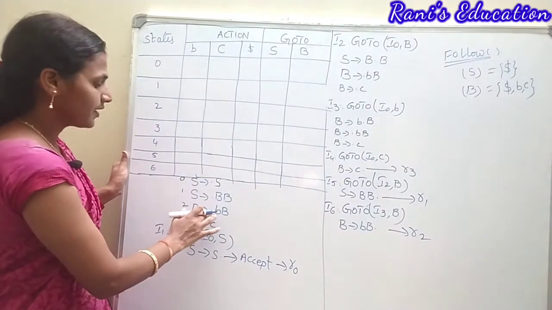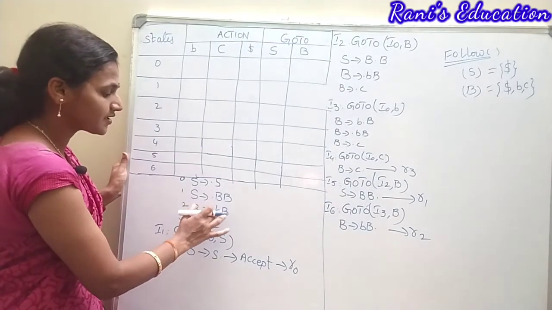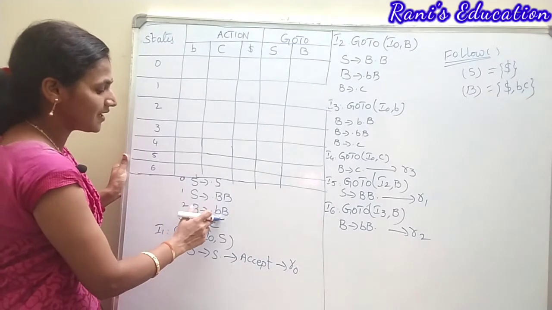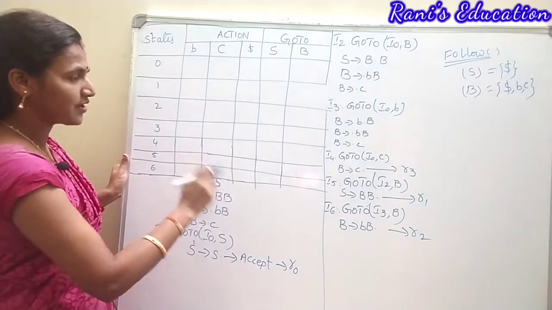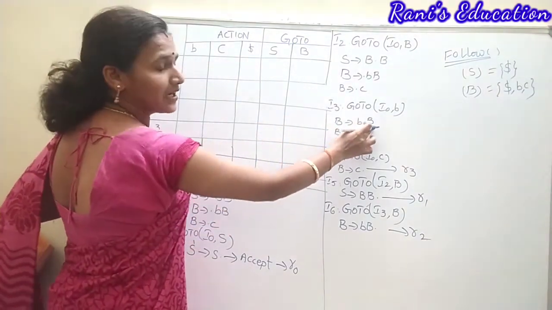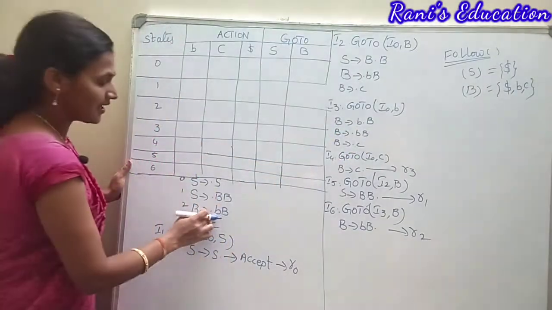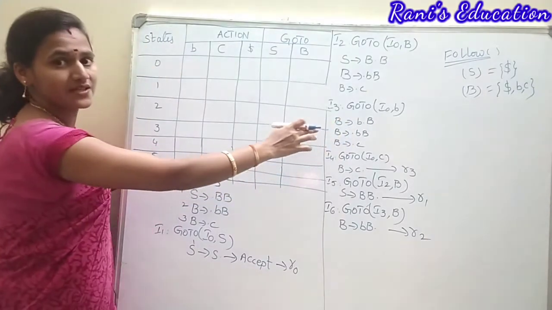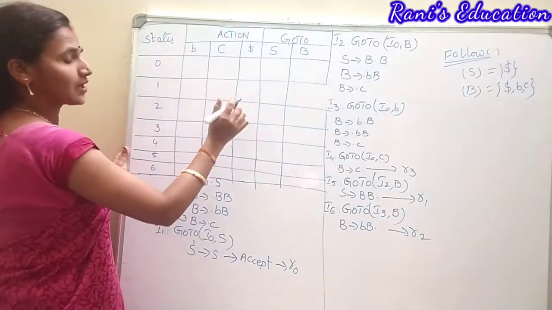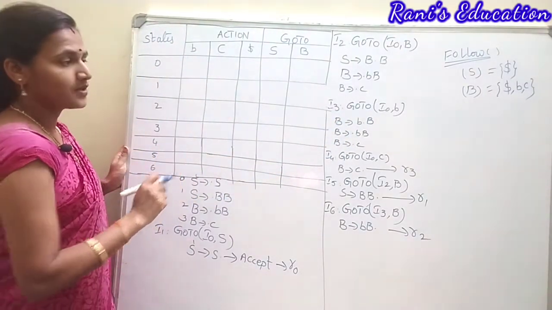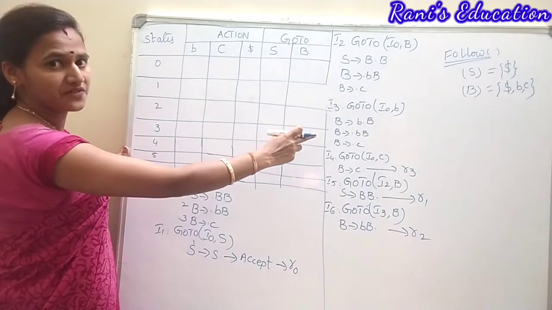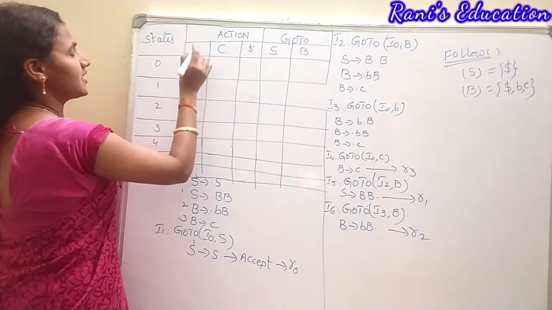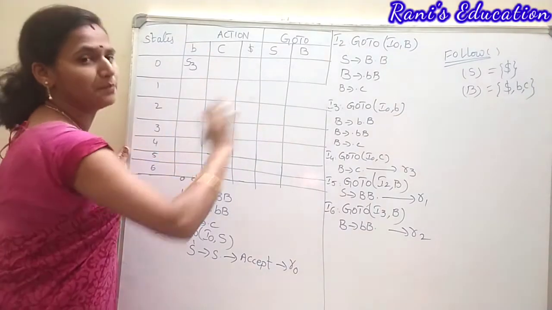Now, where dot terminal is shifted to terminal dot, that is, dot B is shifted to B dot. In which item can we observe that? In the third item, right? Dot B is shifted to B dot in the third item. Here we are discussing terminals, so I am going to consider shift action. For which terminal have we applied the shift action here? B terminal. That is, in I3, dot B is shifted to B dot.